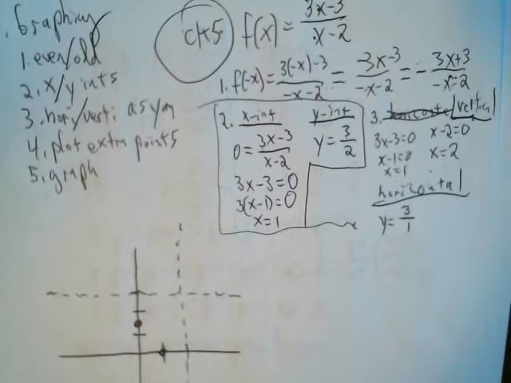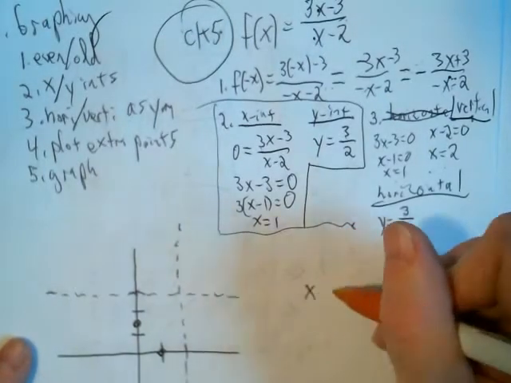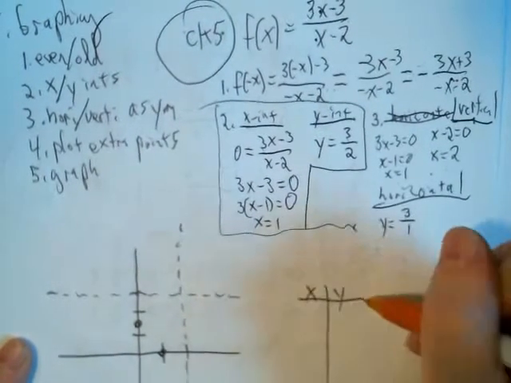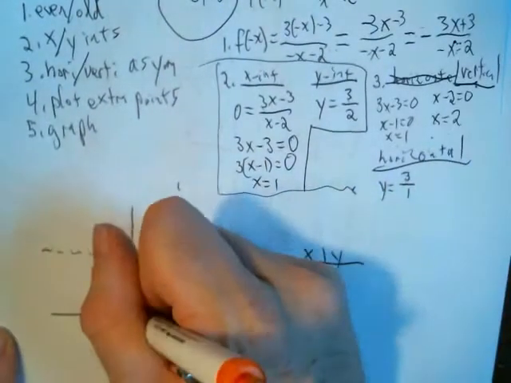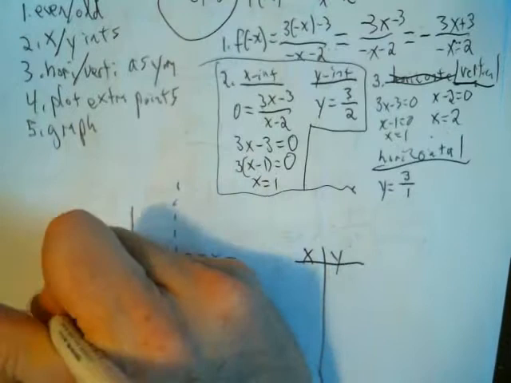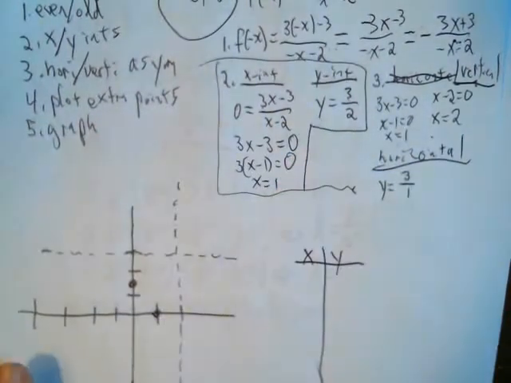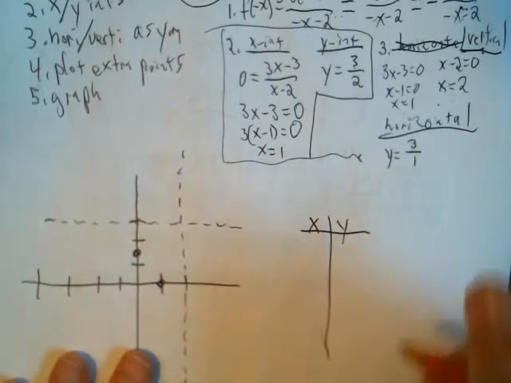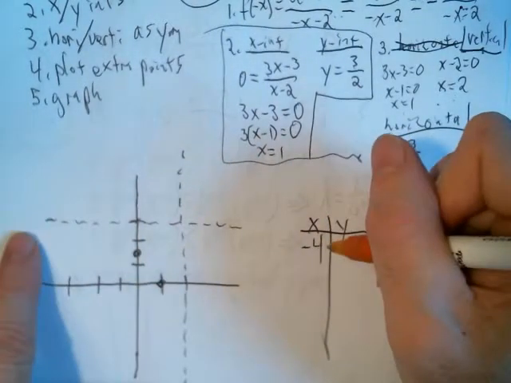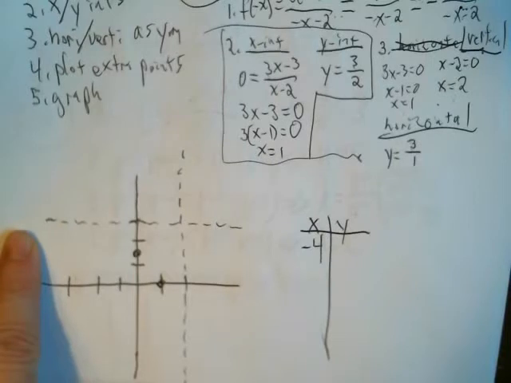And you probably want to get a couple extra points now. So x, y on our graph. I picked something out in this direction so I can get an idea of the behavior in that direction. So I tried x equals negative 4, and it should be going to 3 in this direction.